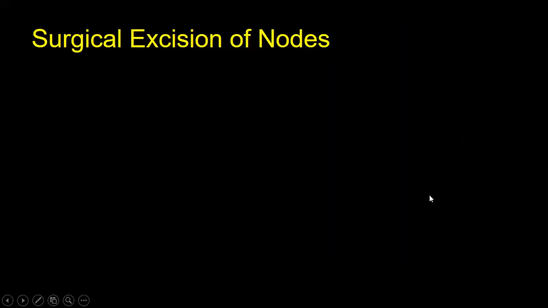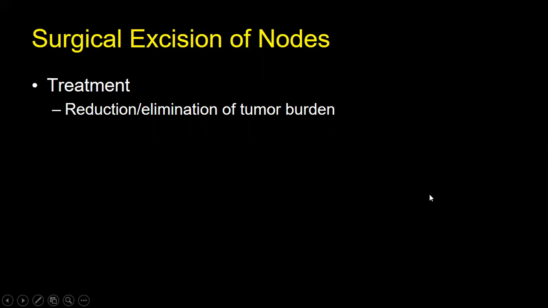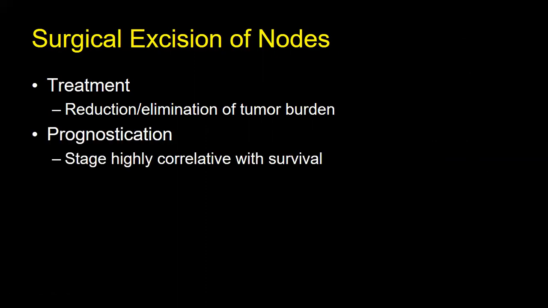Okay, so surgical excision of lymph nodes. We do this as treatment to reduce the tumor burden in the nodes, and we also do this to prognosticate, because the stage is highly correlated with survival. And oftentimes we perform this in order to get accurate information about lymph node status in the axilla.